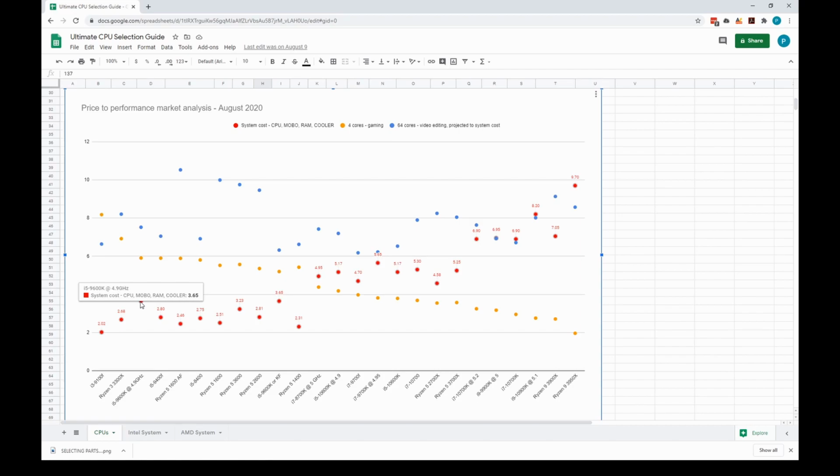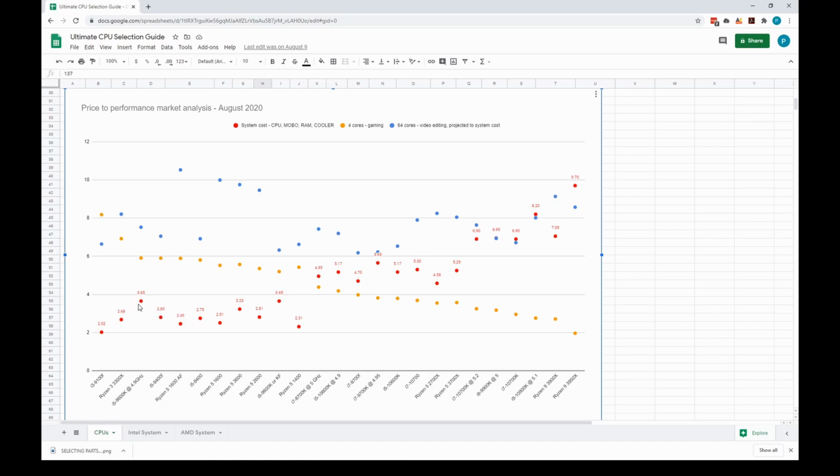By system cost I mean the price of the CPU, motherboard, RAM, and CPU cooler together. For example, if we are using an i3 9100F, our system cost is going to be $202. For Ryzen 3 3300X, the system cost is $268, and so forth.